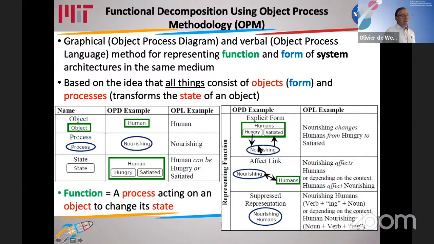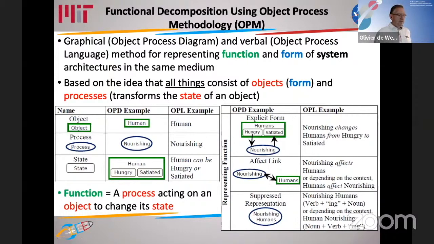And so you can see in a graphical form, the object human its state is being transformed from hungry to satiated by the process of nourishing. We can hide the details of the state transformations and just talk about effect links. That's a bidirectional arrow.